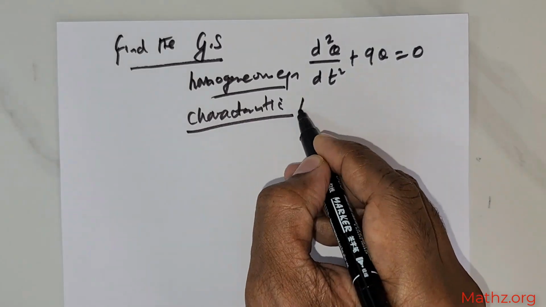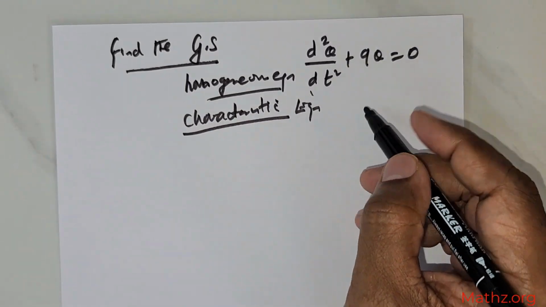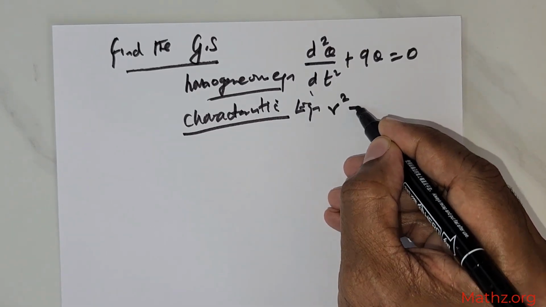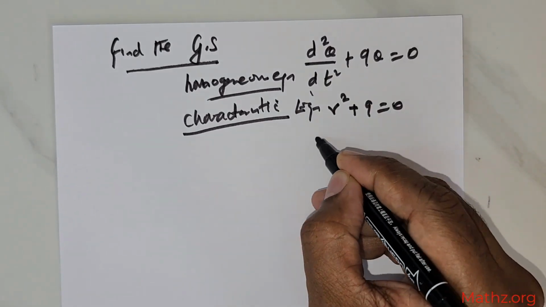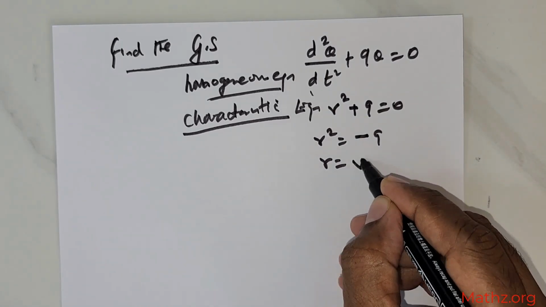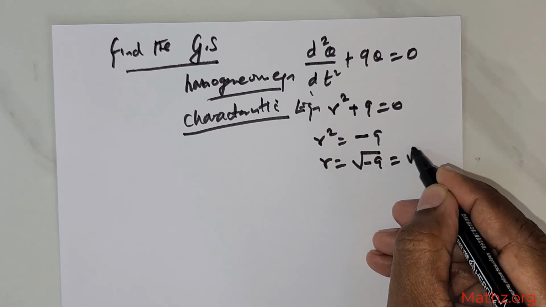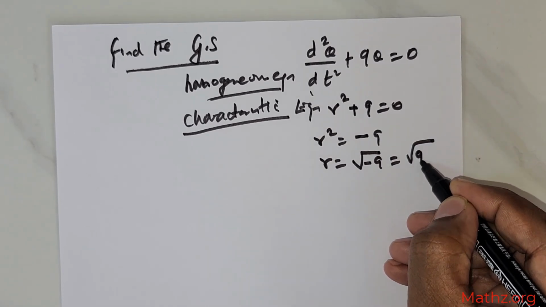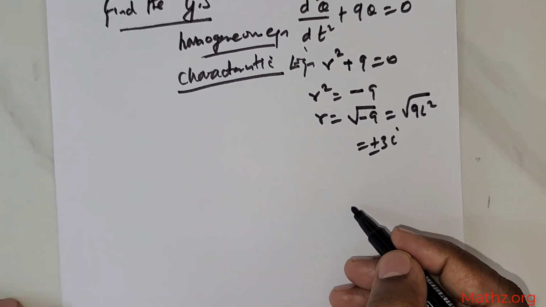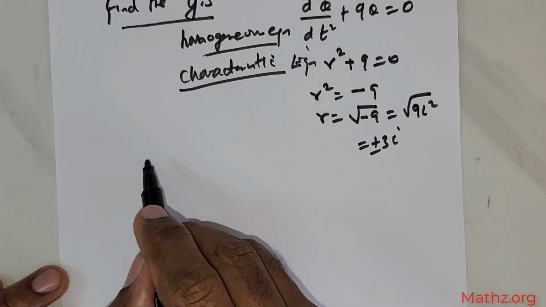You can either use m or r. I will use r squared positive 9 is equal to 0. So from here r squared is equal to negative 9, r is equal to root of negative 9, which is root of 9i squared. So that's going to be plus or minus 3i. So we got a complex form here.